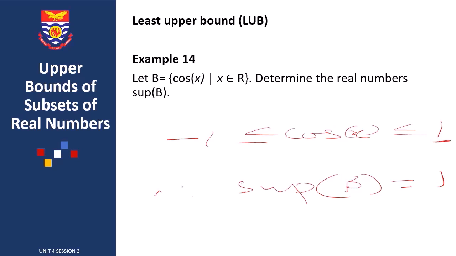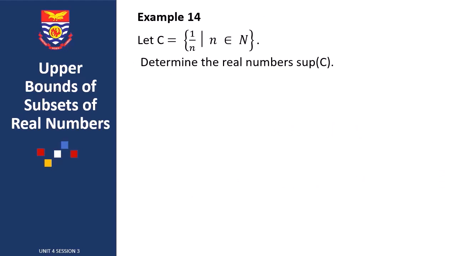Okay, so now you see clearly how to find the sup. There are many upper bounds here: 1, 3, 5, all positive numbers, but the least one is 1, and that becomes the supremum of the set B. Good.